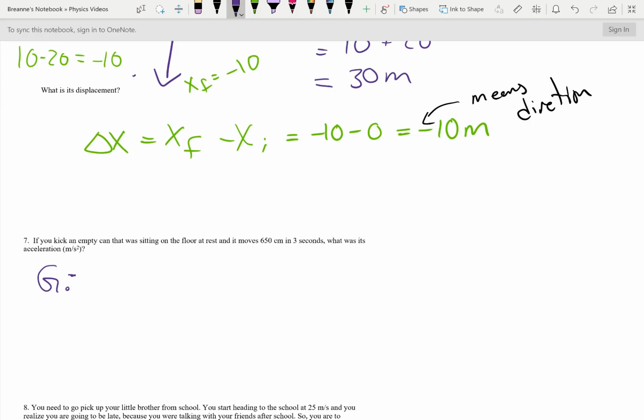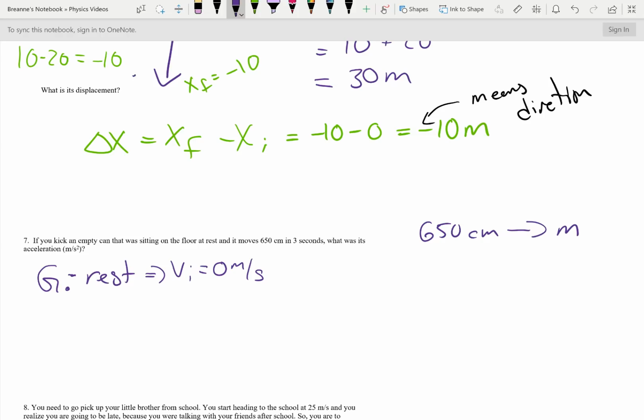So again, rest comes into play. Rest means your initial velocity is 0. It says it moves 650 centimeters. Do we like centimeters? No.